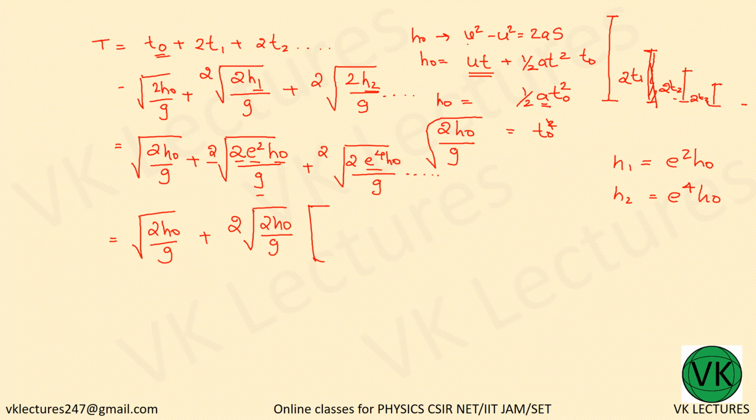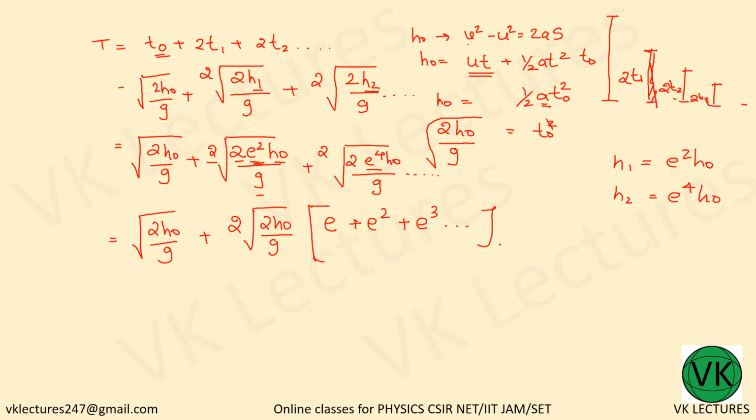Except this e square, everything I am taking inside the bracket, so root of e square will be inside. Root of e square is nothing but e. Here you will have root of e power 4, that is nothing but e squared. Again in the next term it will be e to the power 3, and so on.